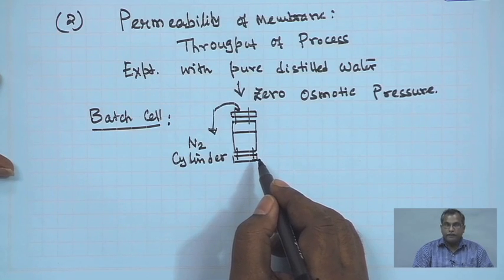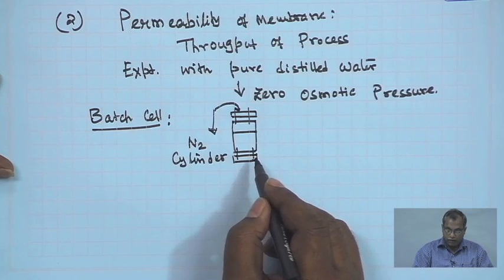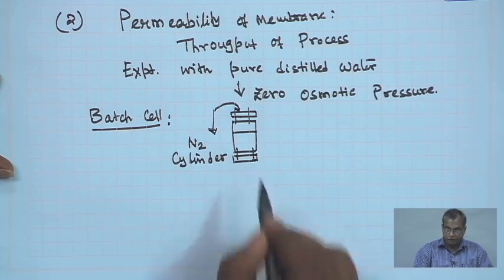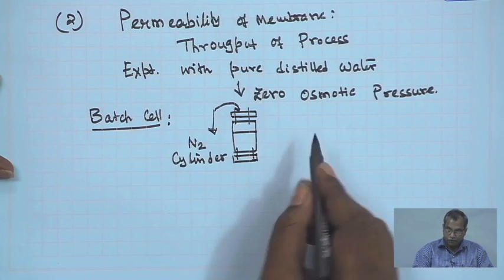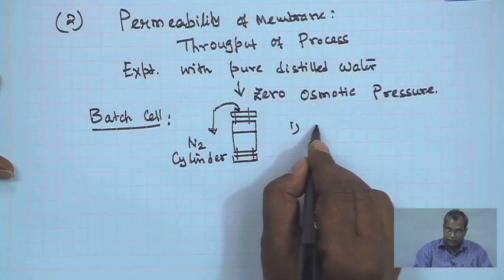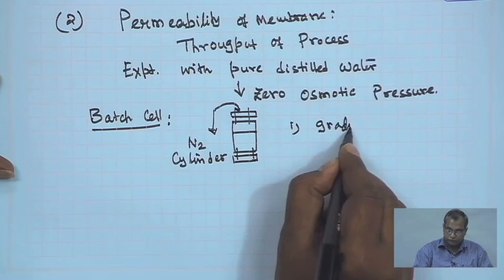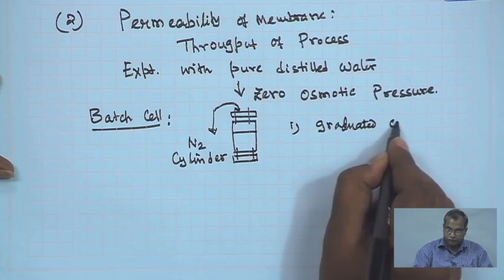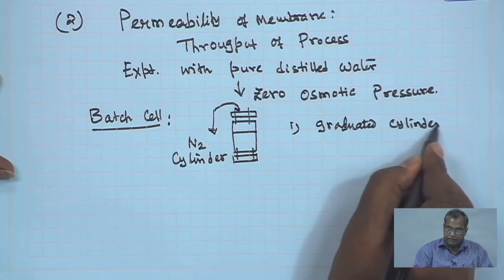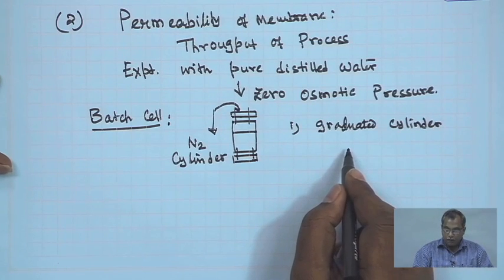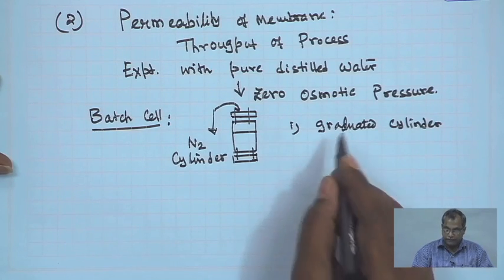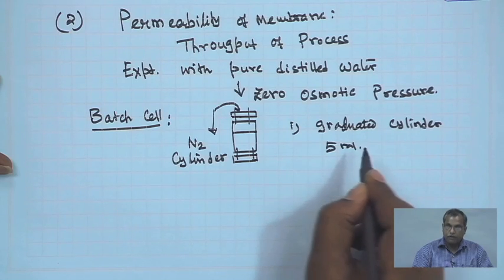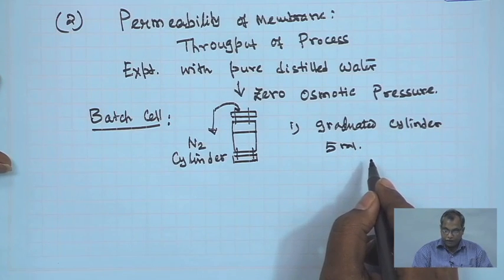We set up an operating pressure delta P 1, and then we measure the permeate flux. How will you measure the permeate flux? This permeate flux can be measured by two methods. The first one is using a graduated cylinder. In a graduated cylinder, you just clock how much time is required to fill up a particular fixed amount of volume, let us say 5 ml.